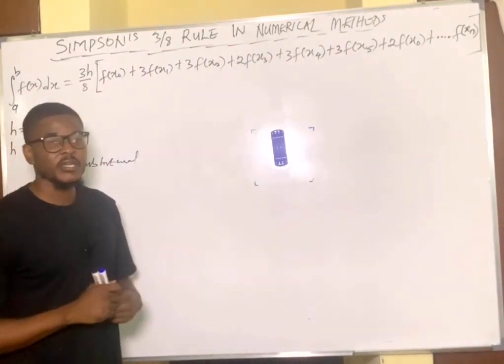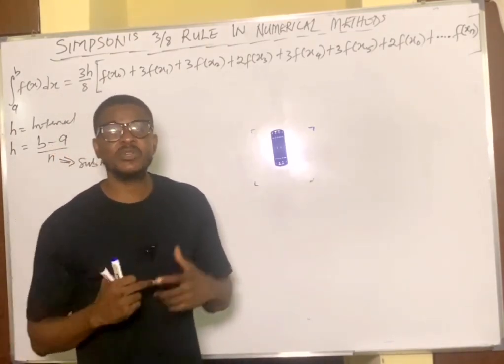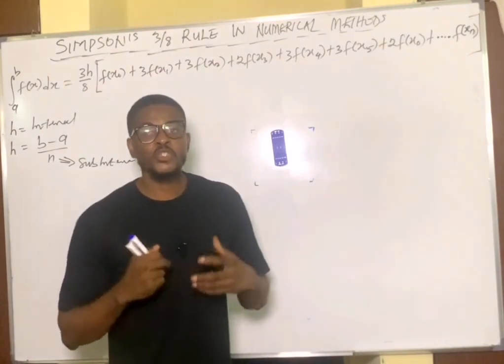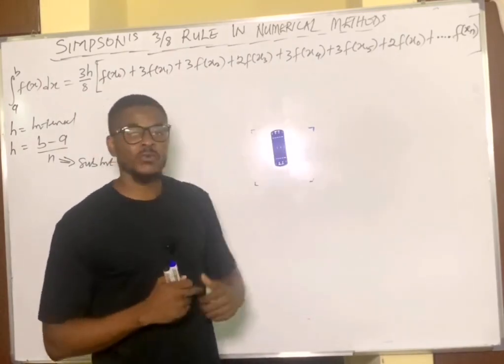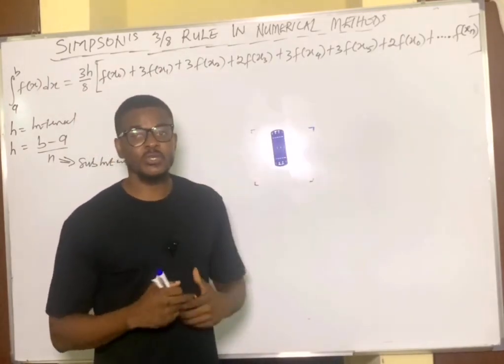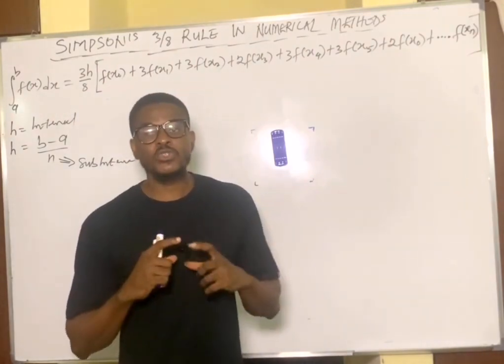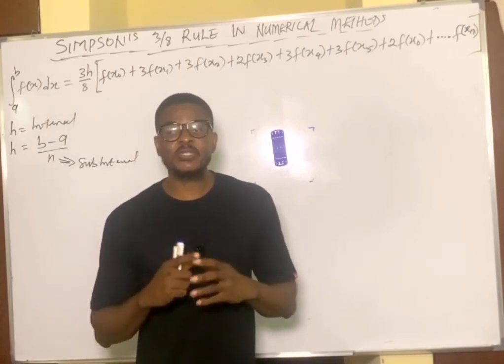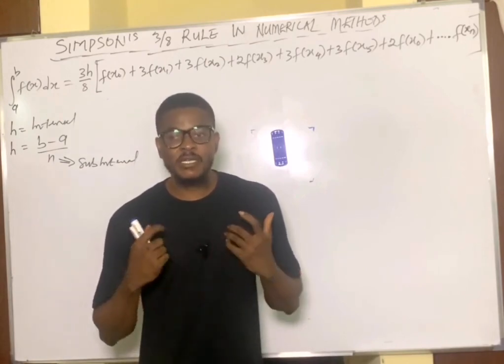So you can have your subintervals start from 3, 6, 9, because it's a multiple of 3. Depending on the number of subintervals you choose, it gives you the lengthiness of the equation you're going to obtain. So I always tell students, except otherwise stated, always choose your subinterval as 3 because it makes the equation shorter and makes the question easier to solve and understand.